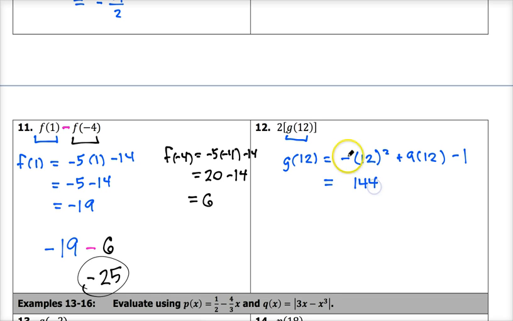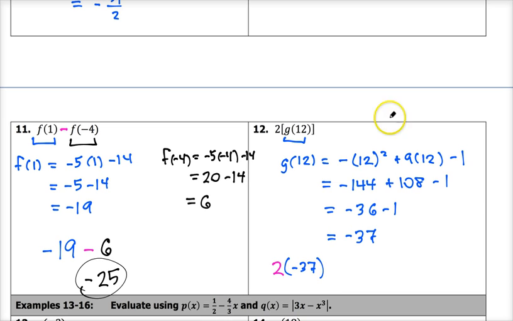The negative sign out front here makes this a negative 144 plus 108 minus 1. And we end up getting negative 37 for g of 12. We then are going to take our 2 times g of 12, so this will be 2 times negative 37. And our final answer will be negative 74.